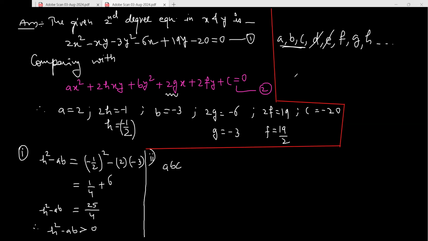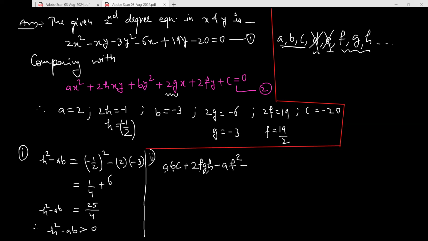Don't write the 2 letters, so you write the number 2. Then write the next three: abc plus 2fgh. Then write minus, take a from here and the square of this, so minus af square.